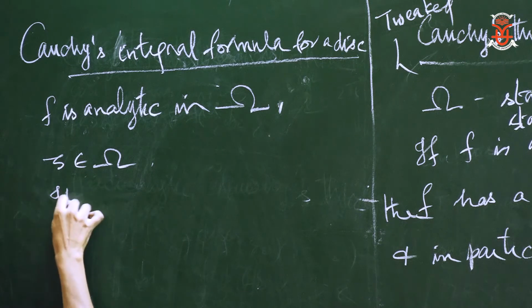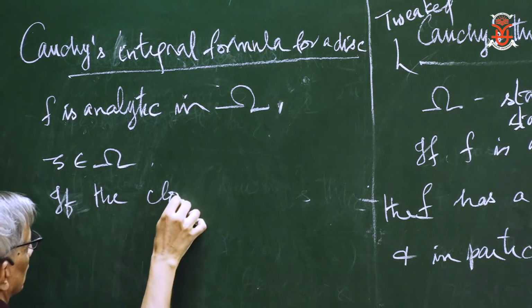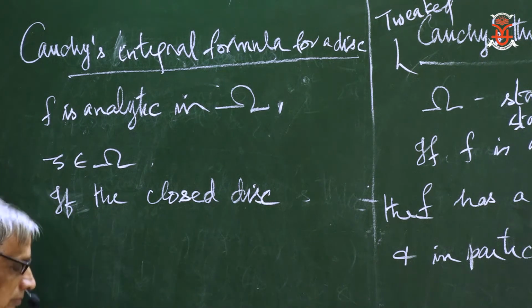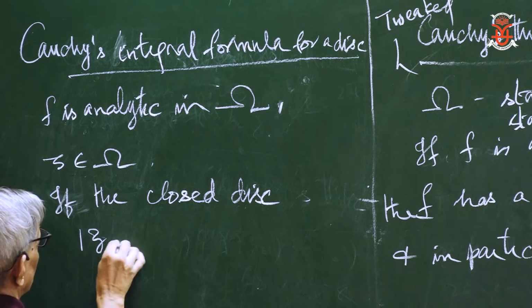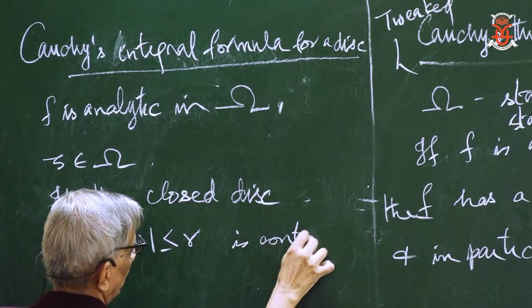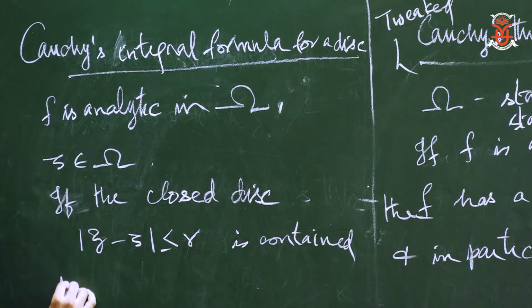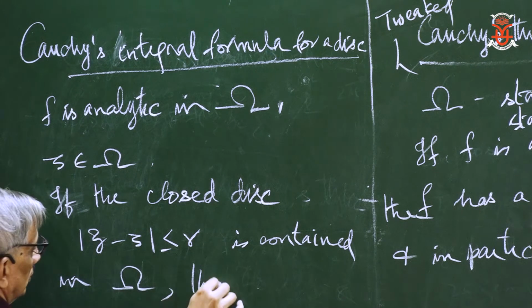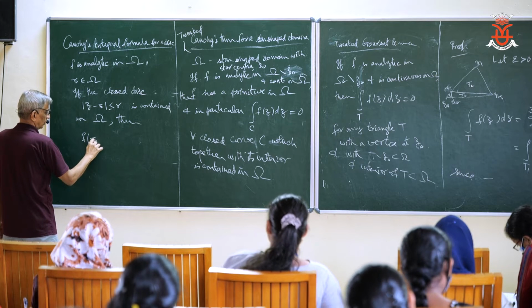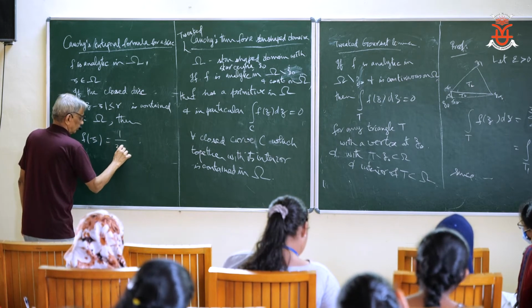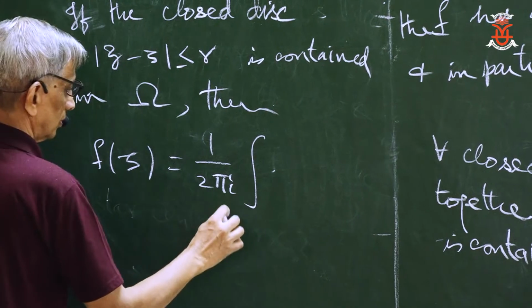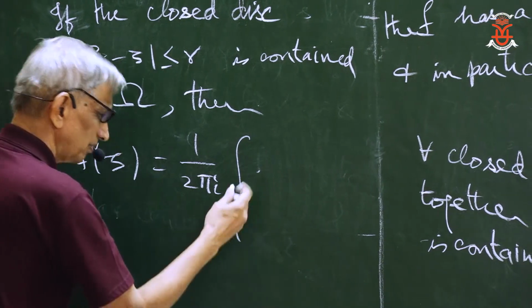So if the closed disk is contained in omega, then let us call it C. I think we used some notation earlier, right?